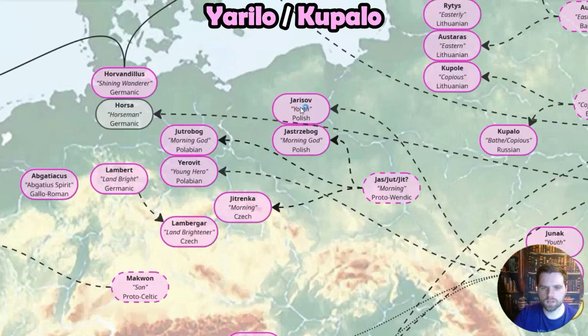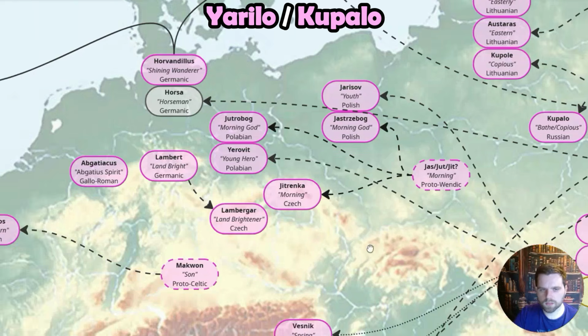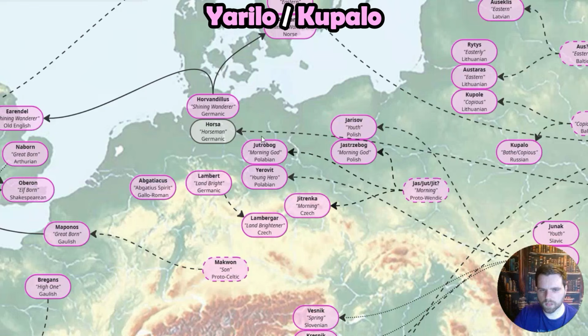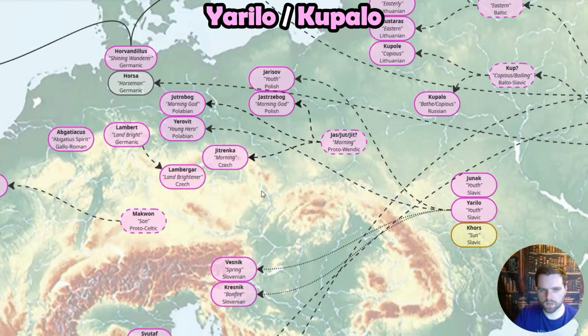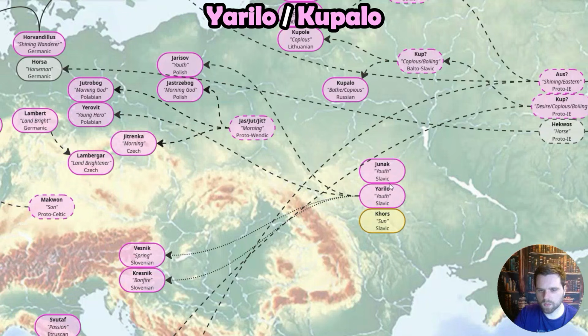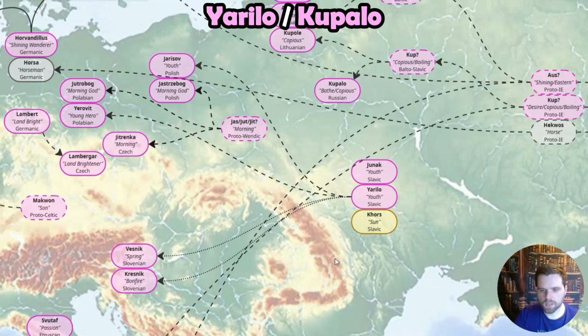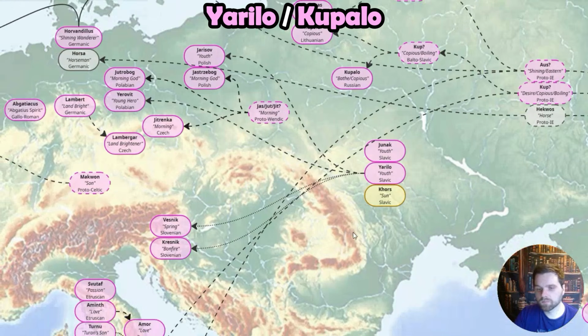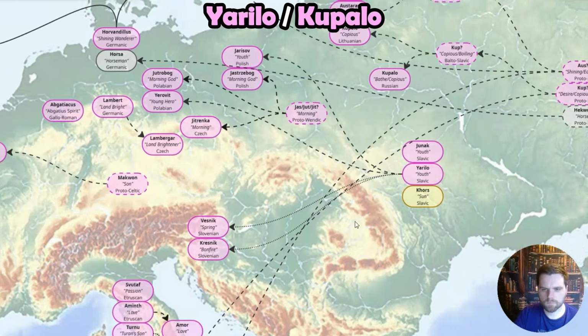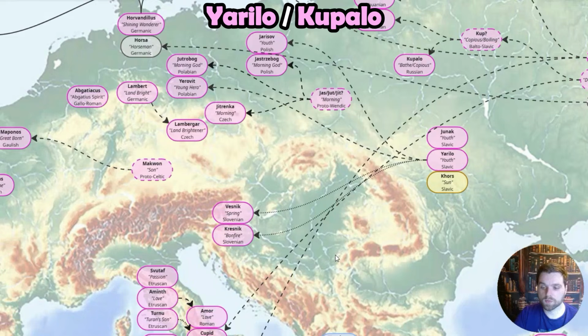We have these Yarosov and Jutrenka and Jutrobog, Slavic youth deities, and often they are given kind of heroic things to do. You know, Yarovit, young hero as well. Yarilo is this twin youth god that fights demons, does a lot of the same kinds of things that Mithra would be doing, but he's depicted younger and often on horseback.